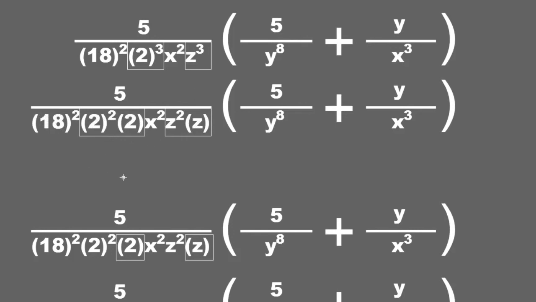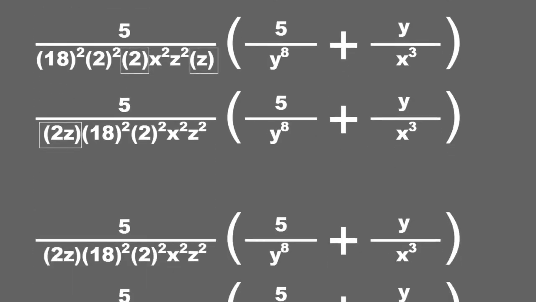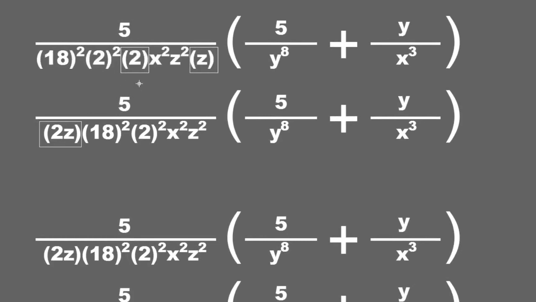But the reason I do it, as you will see in just a moment, is that the 2 and the c, without an exponent, or with exponent 1, I'm going to move to the front. All of those terms are being multiplied, so changing the order doesn't change the result. A times b equals b times a. Changing the order of multiplication does not change the final result.